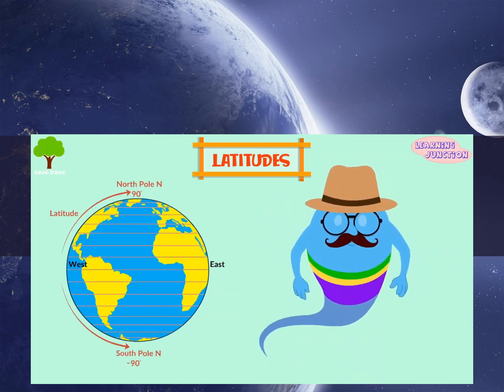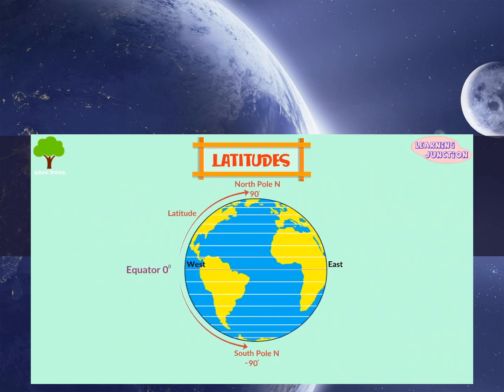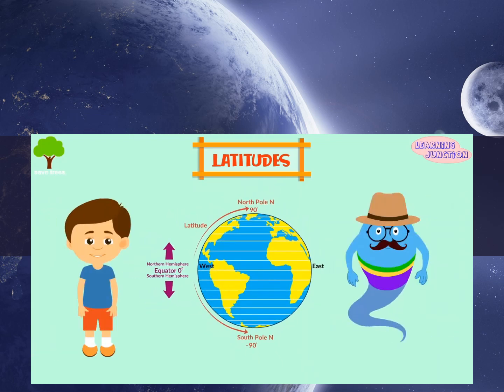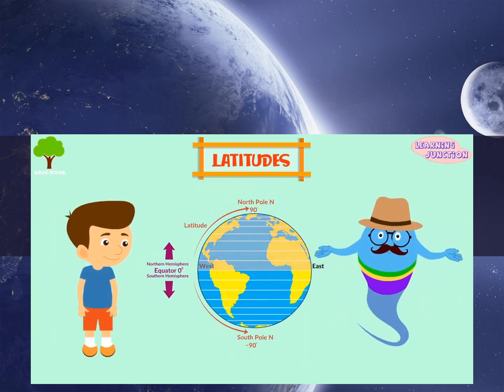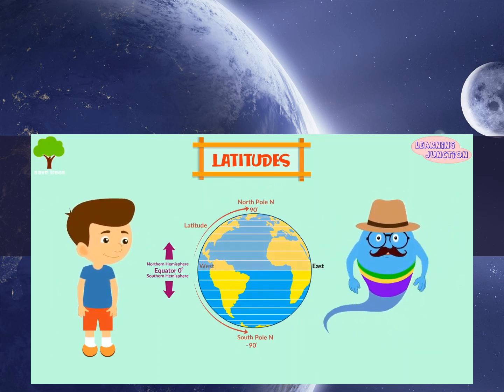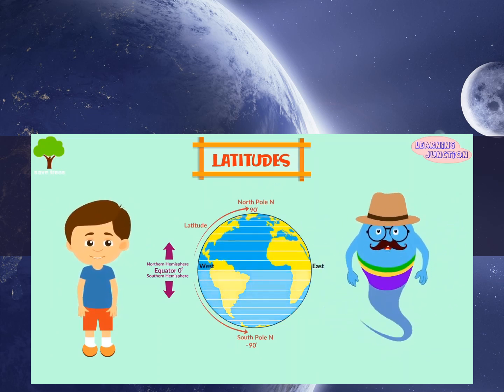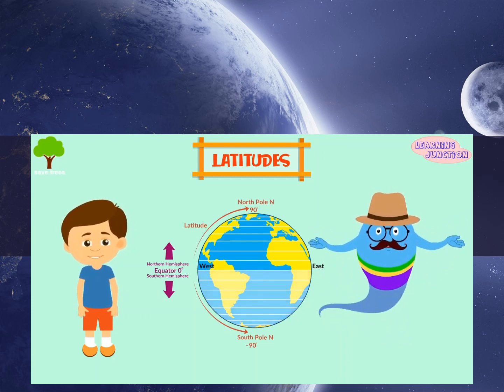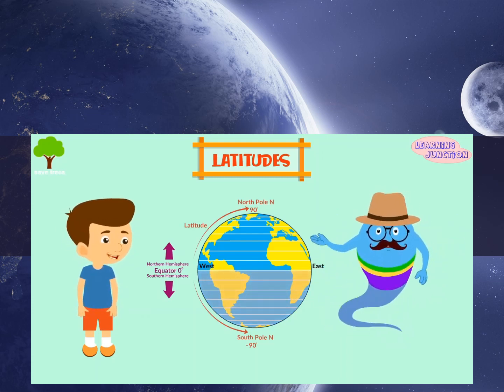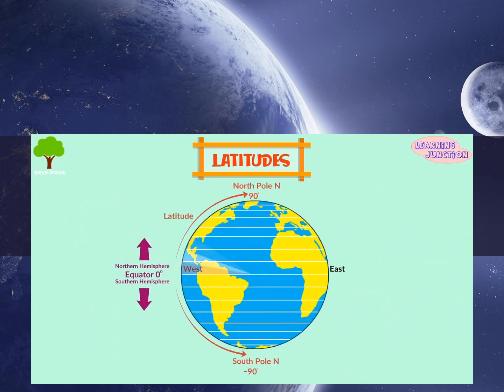They're also known as parallels. The equator at 0 degrees separates the Earth into northern and southern hemispheres. Locations to its north lie between 0 degrees north and 90 degrees north, while to its south the positions are between 0 degrees south and 90 degrees south. The distance between each degree of latitude is approximately 69 miles.